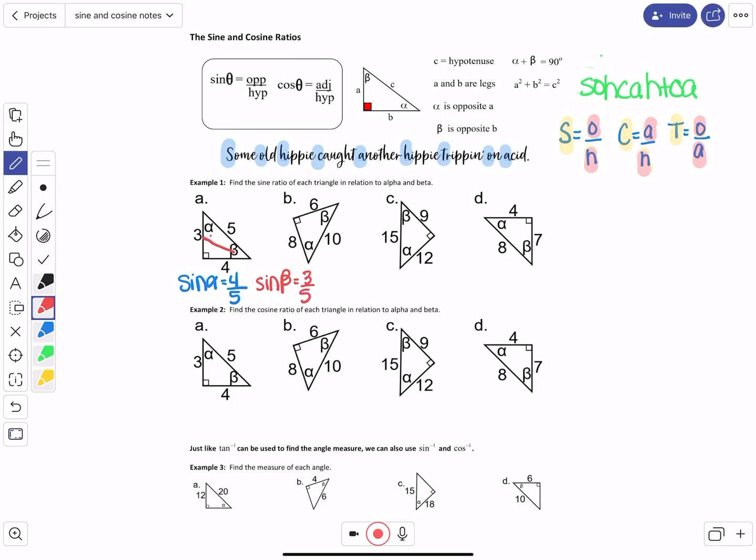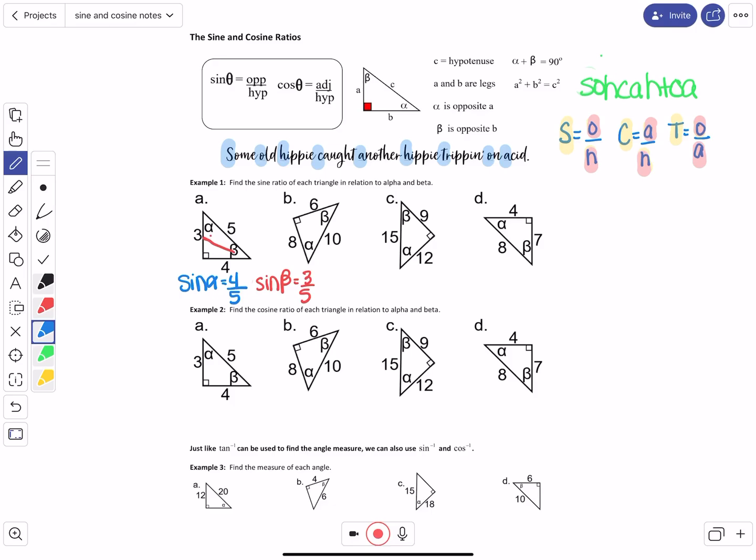So all of these are going to be over the hypotenuse. And you will never have an improper fraction on these. The biggest number for sine and cosine, your biggest number in your fraction should always be on the bottom.